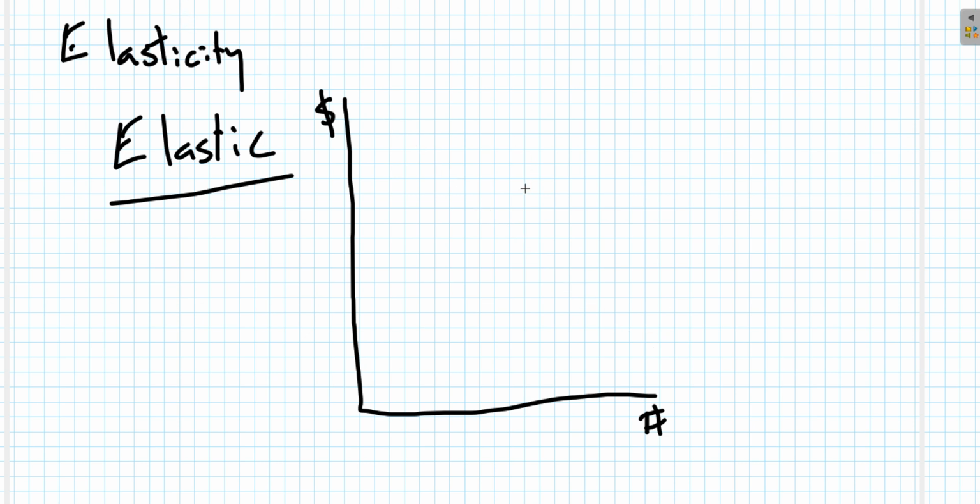So an elastic demand curve is going to look more like this. Here's my demand curve. It's still tilted like a demand curve. It's just tilted a little less.